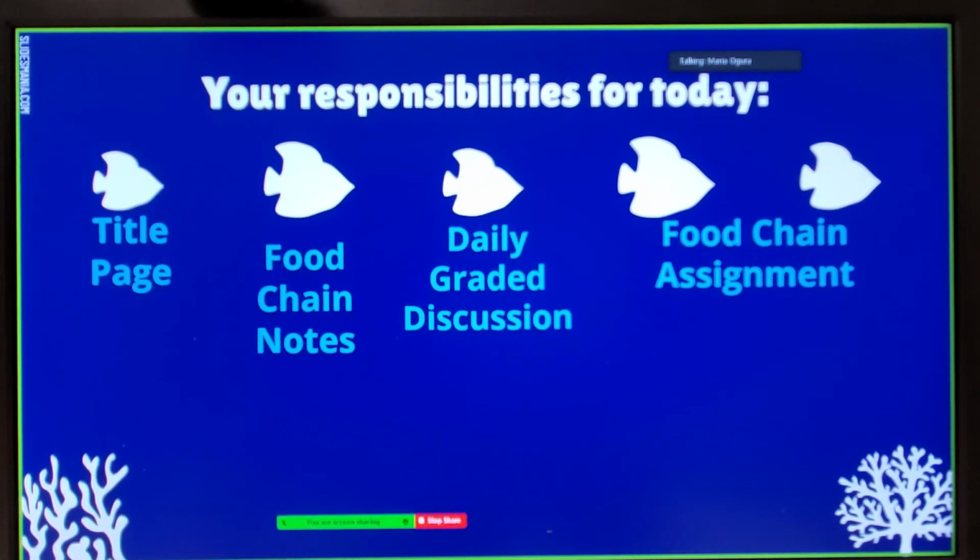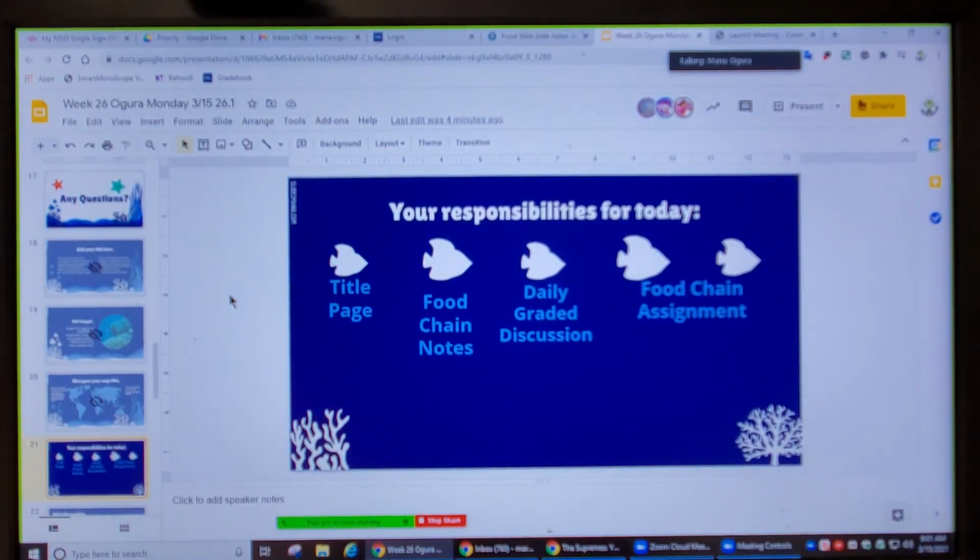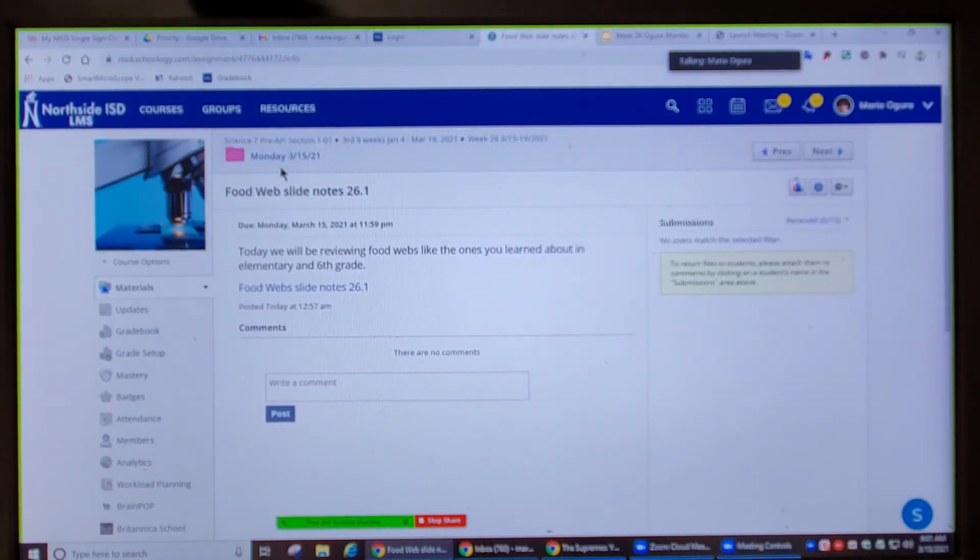So your responsibilities for today, and I'll put this into the electronic notebook, are the notes, the title page, the food chain notes, and then there's a graded discussion, and there's a food chain assignment for you to complete today. So let me jump into that just in case anybody has any questions or there's any confusion. I can head that off.